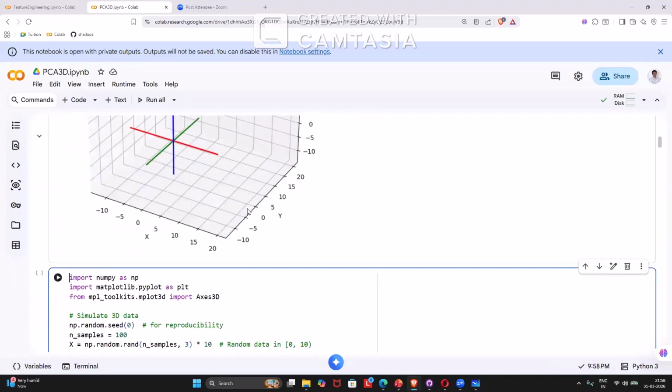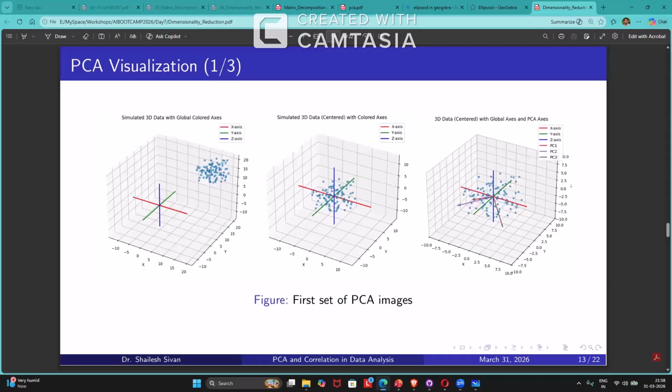Now the second step. What is the second step we have discussed? We have to center the data, and to do that, we calculate the mean vector and subtract the mean from every vector. Then it will shift to the center.